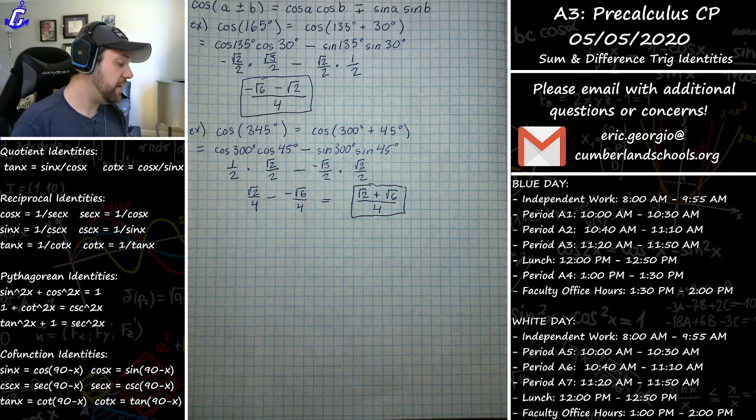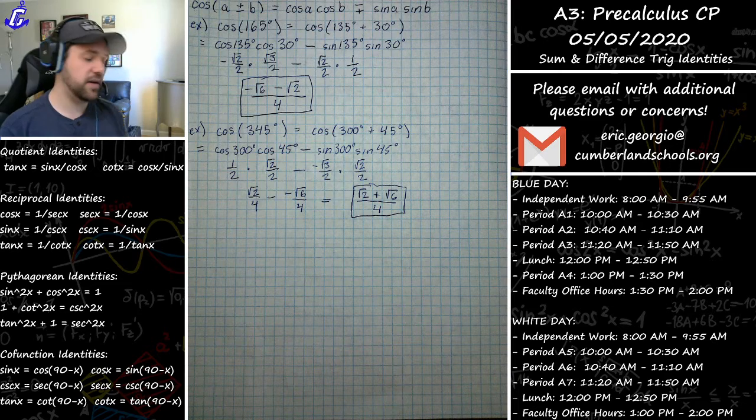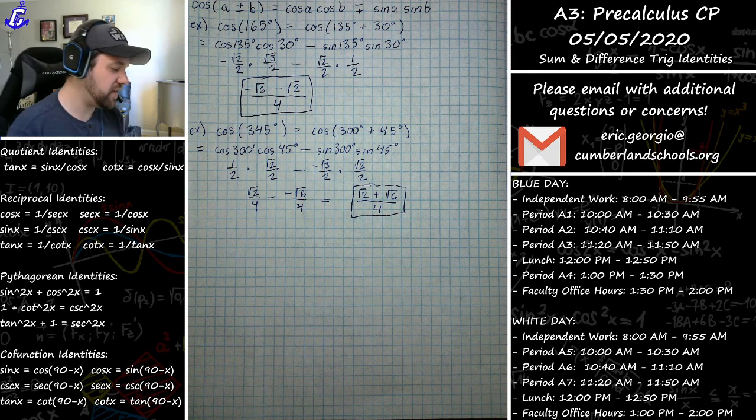Keep in mind that those are, by the way, not the only numbers that you could have chosen for how to get the cosine of 345 degrees. I'm sure there are other combinations of angles that you absolutely could have picked. It didn't have to just be 300 plus 45.